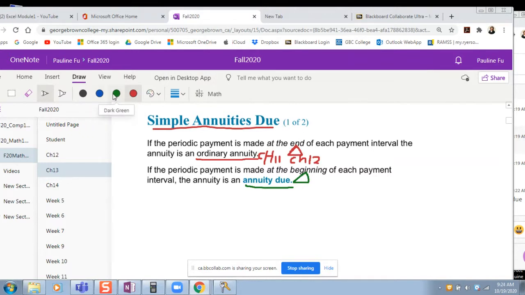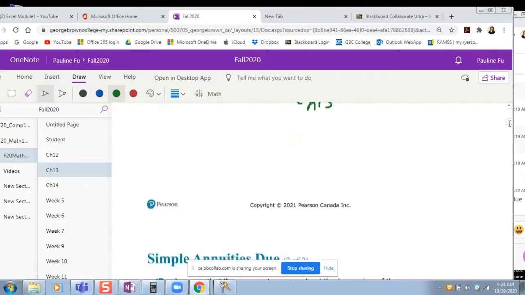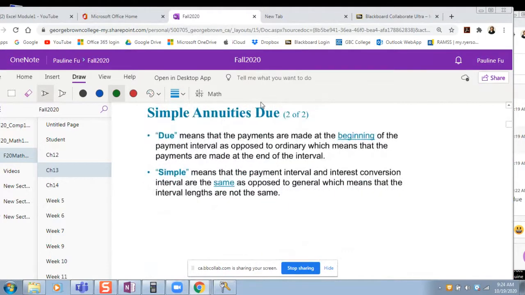So starting Chapter 13 is about annuity due. It means payment is made at the beginning of each payment interval. The keyword due means made at the beginning of the payment interval.